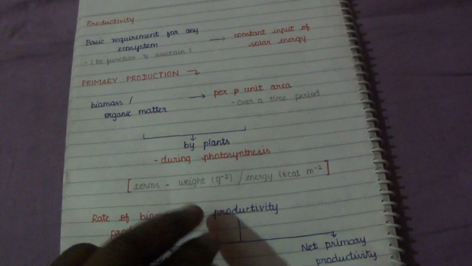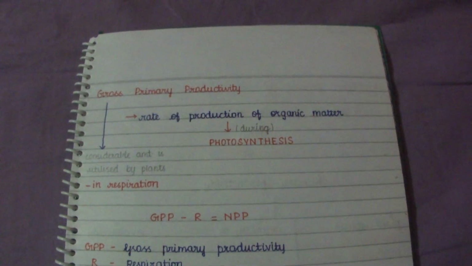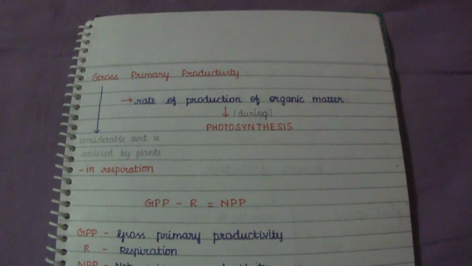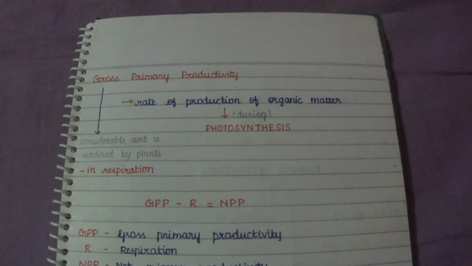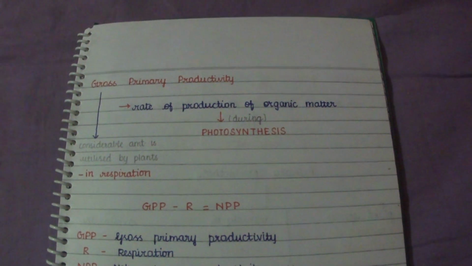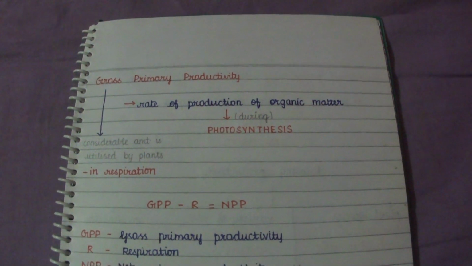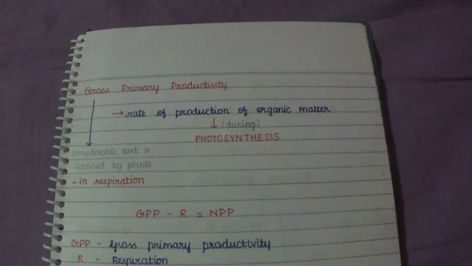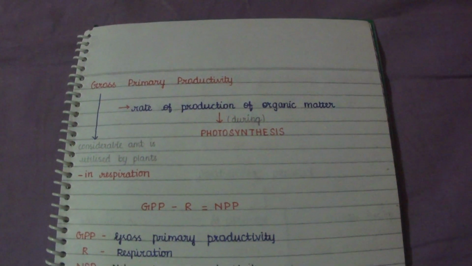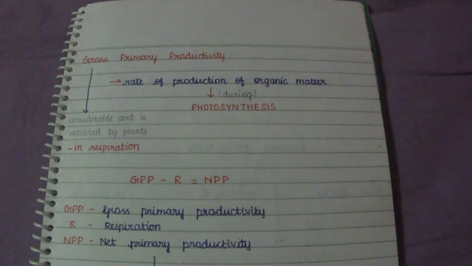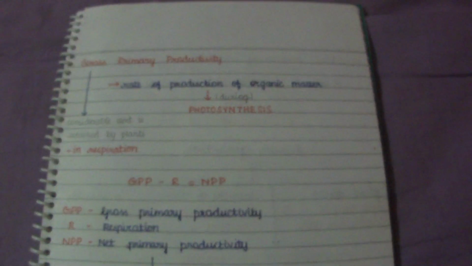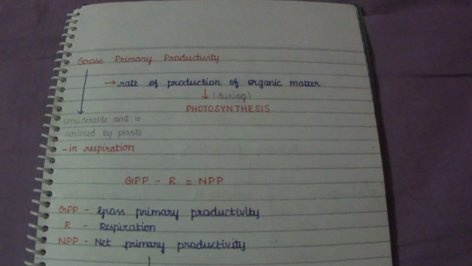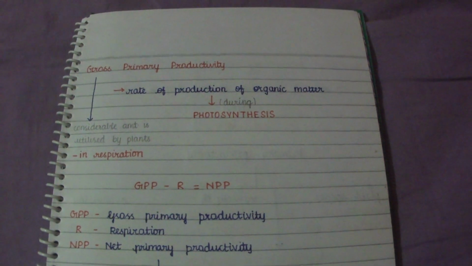The gross primary productivity of an ecosystem is the rate of production of organic matter during photosynthesis. A considerable amount of this organic matter, that is this GPP, is utilized by the plants in respiration.